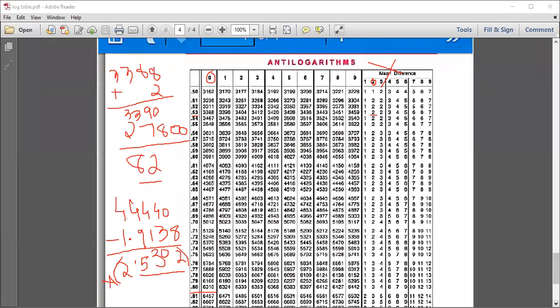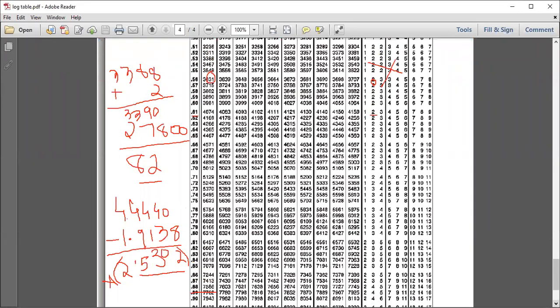So that is not the final answer yet. The last step is still remaining. So be with me. 3390. I'll write it this side because there's little space left over there.